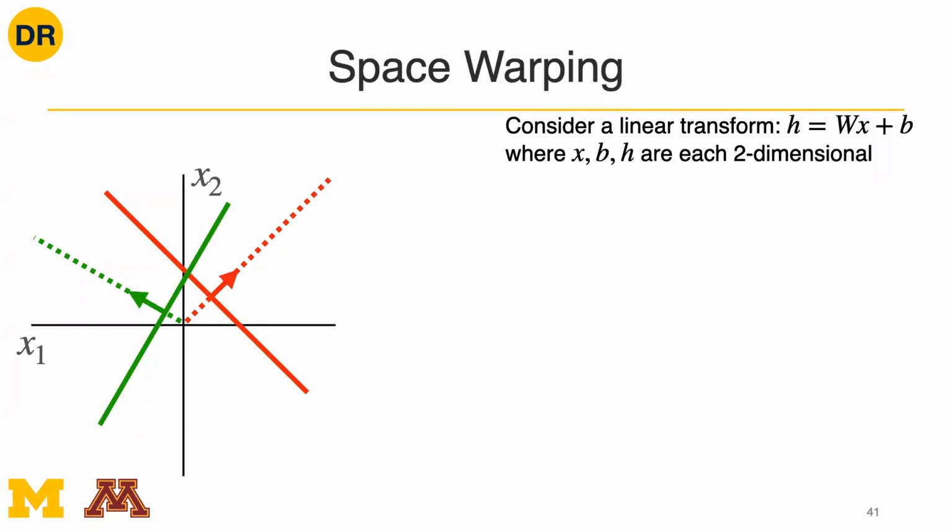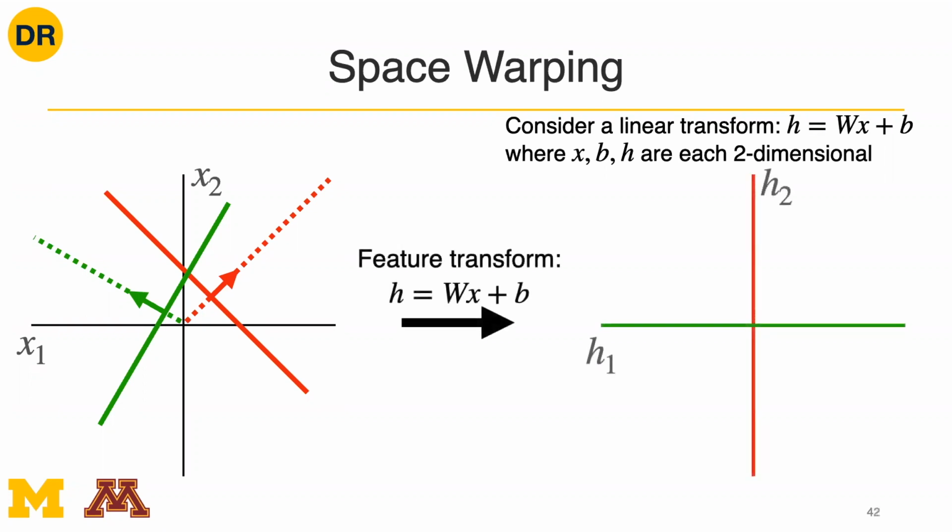We also talked a few slides before that it is good to think about feature transformation. If something is not linearly separable in the input space, can we do a feature transformation? Now let's see what happens if you do a linear feature transform. It's going to look like this, where you have H1 and H2, which are orthogonal to each other.